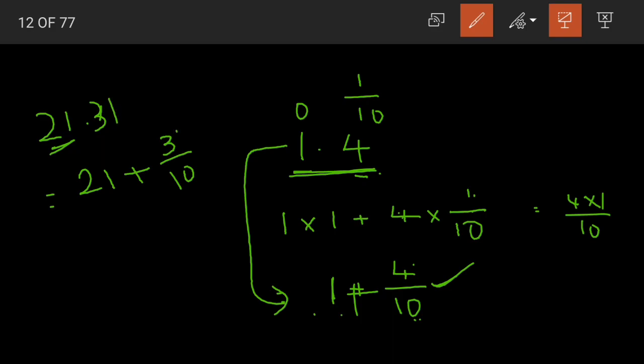If you have 31, then 31 divided by 100. We have the 1/10th and 100th place. This is in the 100th place, so 31 divided by 100. Basically, the number divided by 1, and after 1, the number of decimal places. How many decimal places you have, that many zeros.